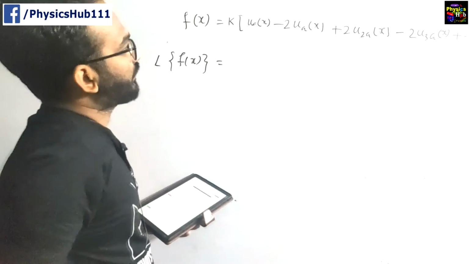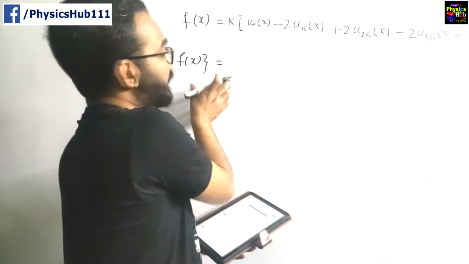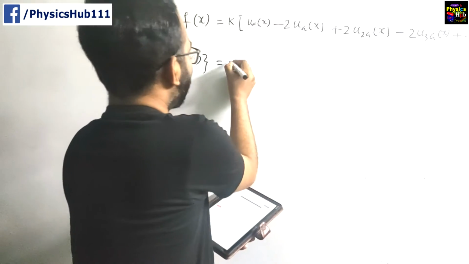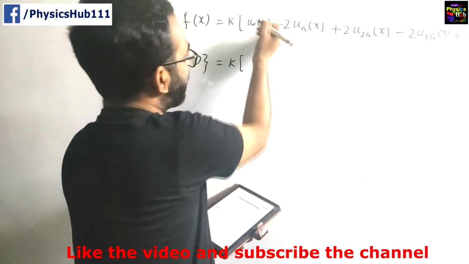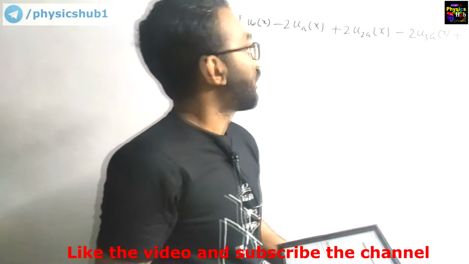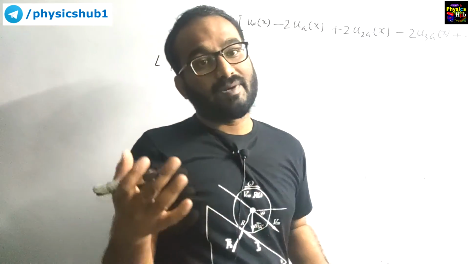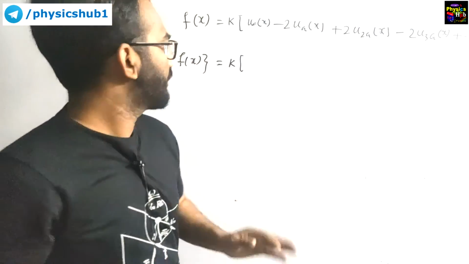We have to find out the Laplace transform of f of x. Okay, so how can we calculate it? Laplace transform is distributive. So k times Laplace transform of this u0 of x, and as I told you the formula, Laplace transform of this ua of x equals e to the power minus as by s. So we are going to utilize that.